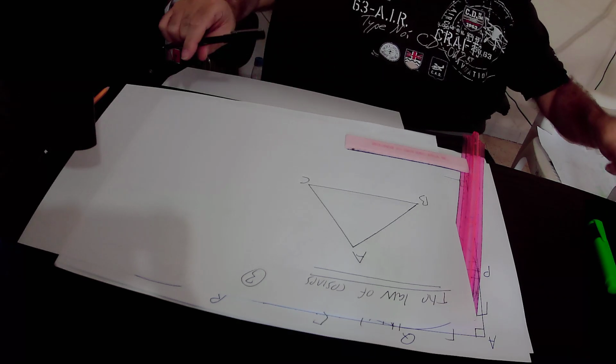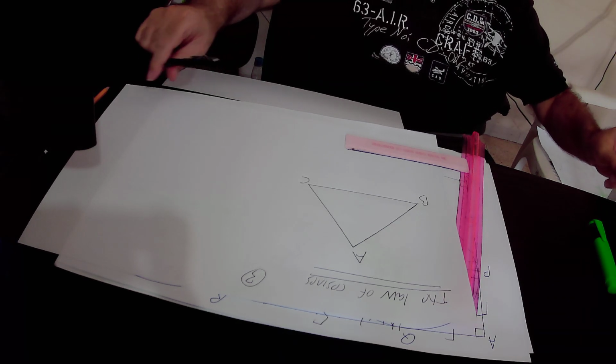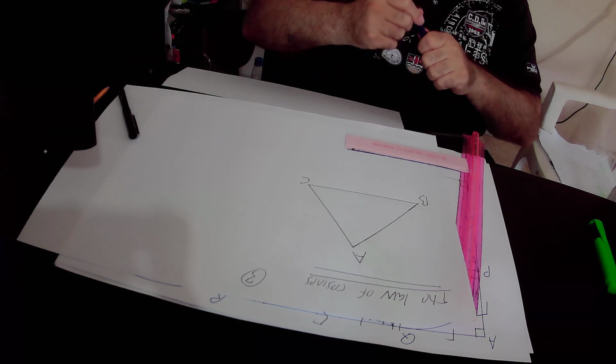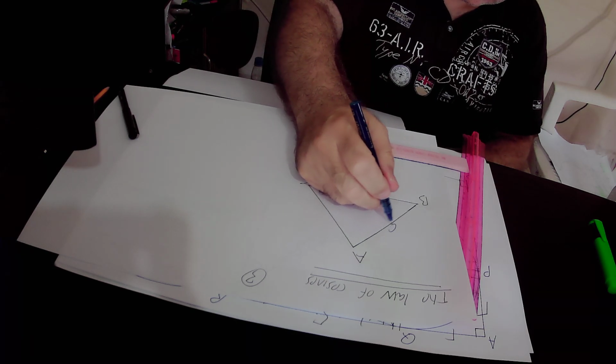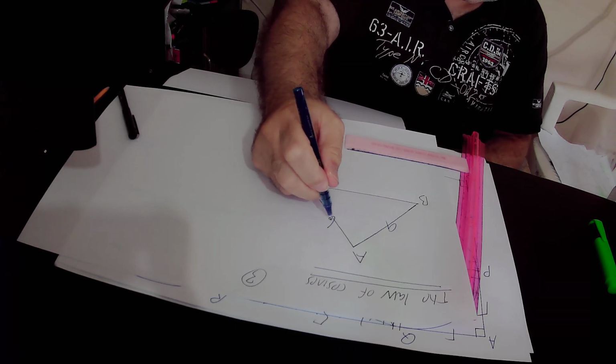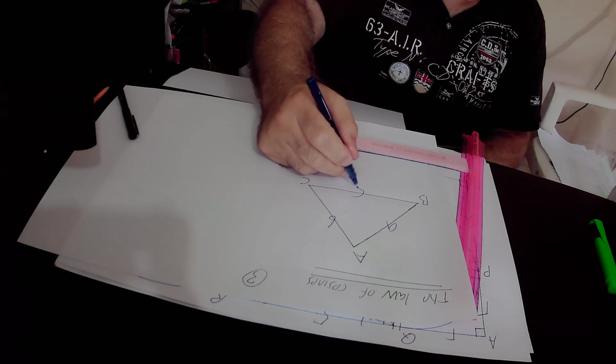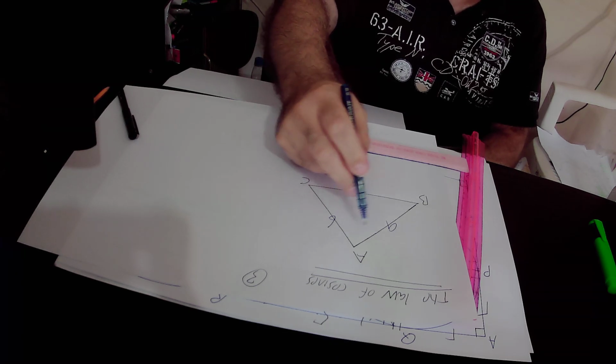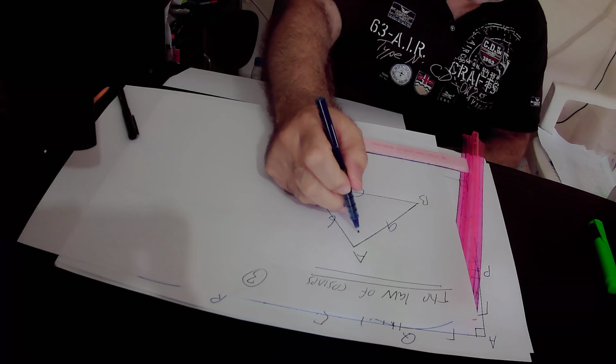We know that side AB equals A units in its length, side AC equals B units in its length, and side BC equals C units in its length. And the angle between side AB and side AC is theta.